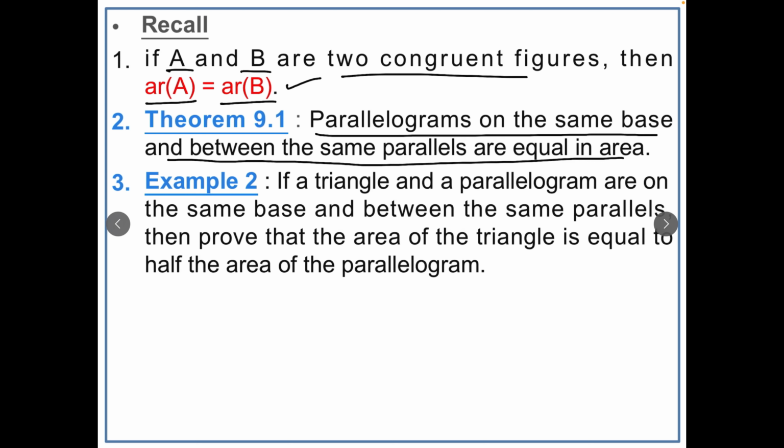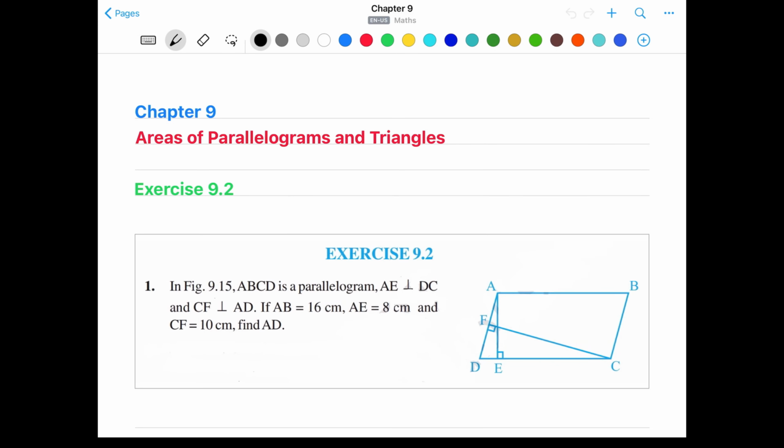We have also done example number 2: if a triangle and a parallelogram are on the same base and between the same parallels, then we have to prove that the area of the triangle is equal to half the area of the parallelogram. So these are the three concepts which we are going to use in the next exercise, which is exercise 9.2. So let's start with exercise 9.2.